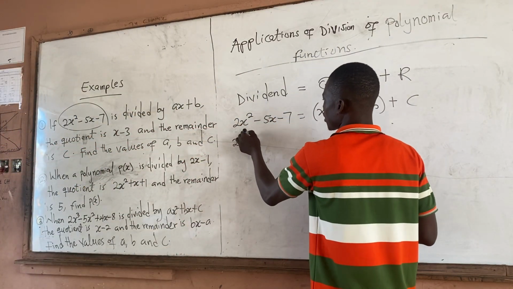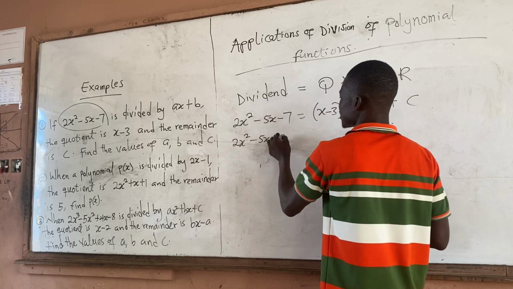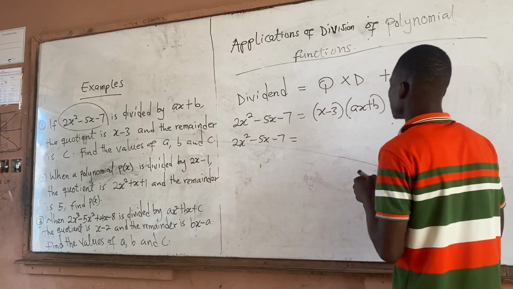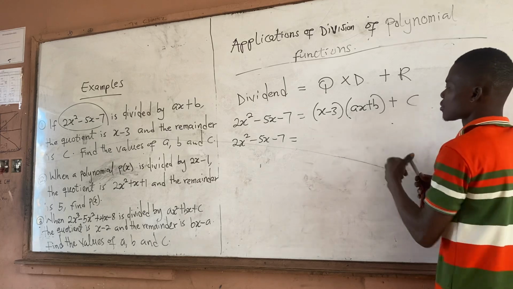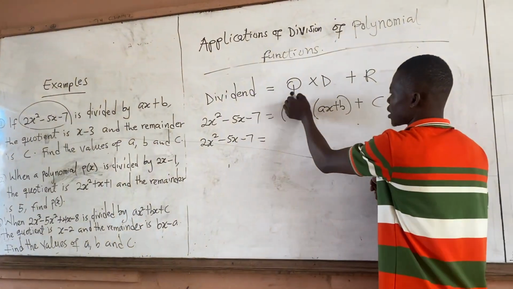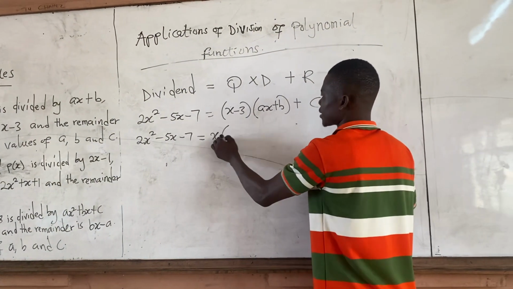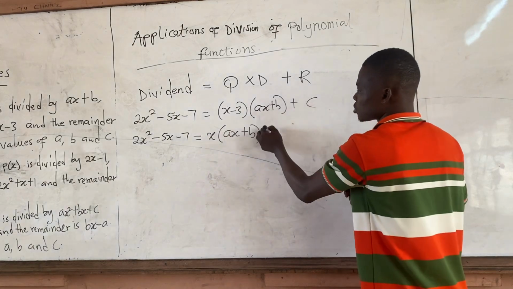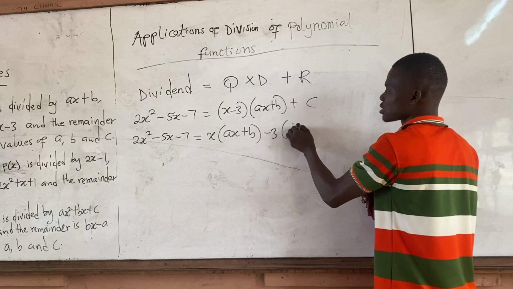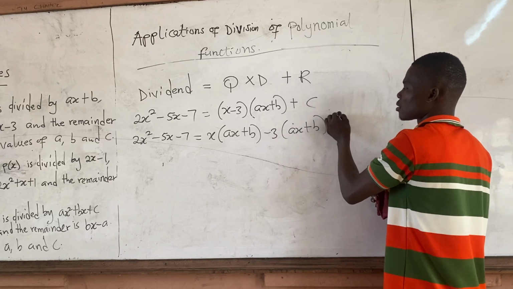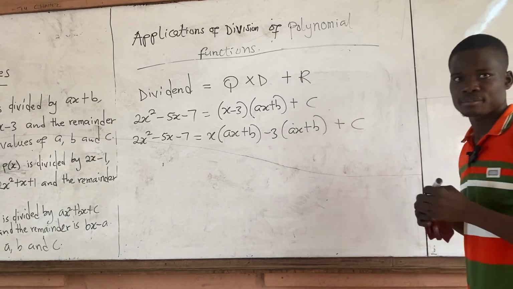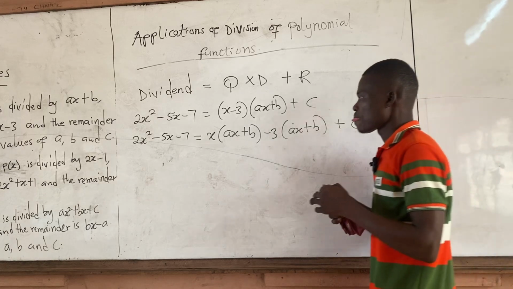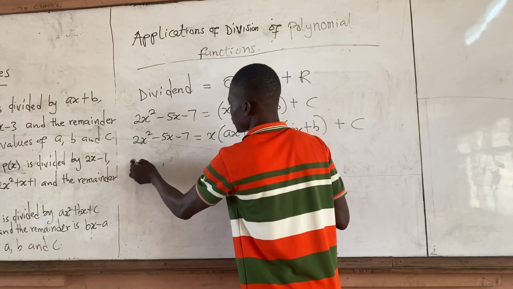So now let's move on. 2x squared minus 5x minus 7 is equal to, let's try to expand this bracket. By taking the x to expand the second bracket, we have x(ax plus b). Taking the minus 3 to expand the same bracket, minus 3(ax plus b), plus the remainder of c. So let's try to expand and simplify.